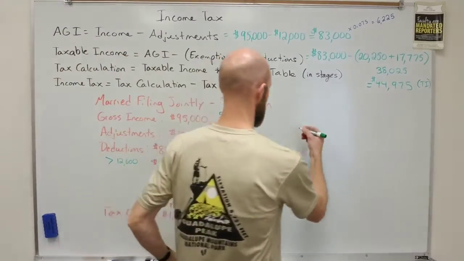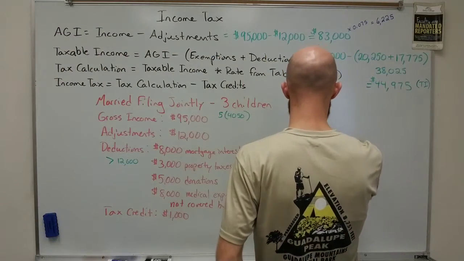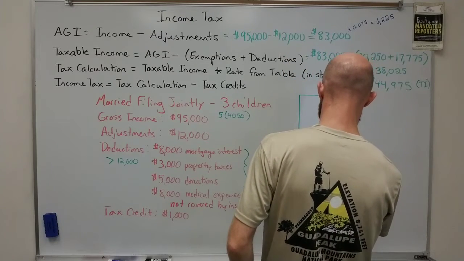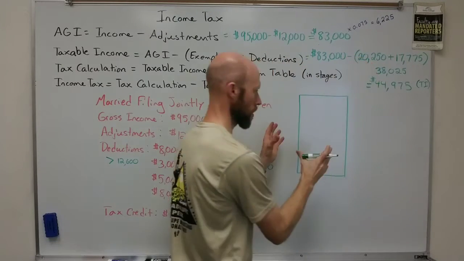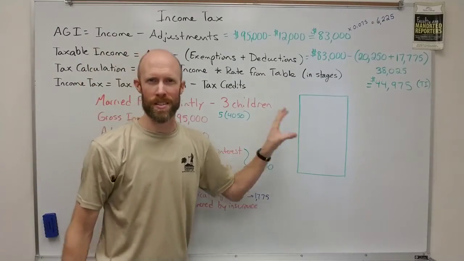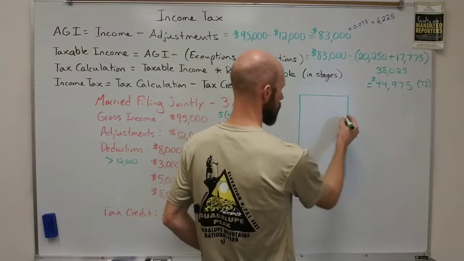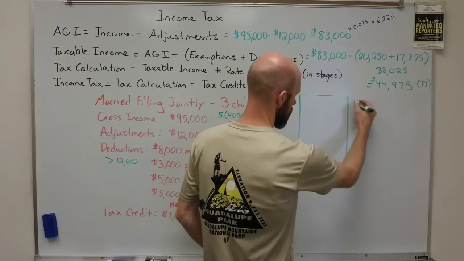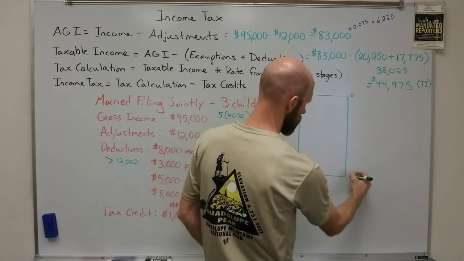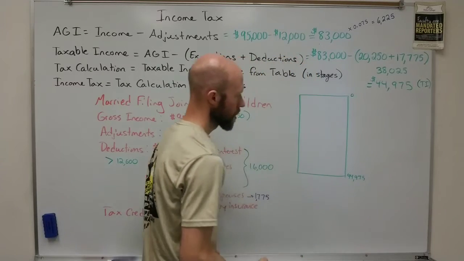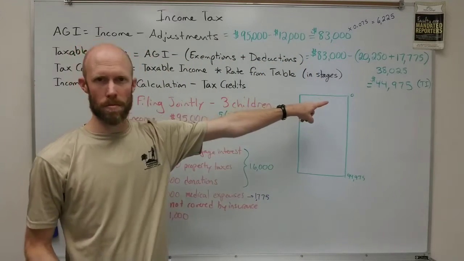And we're going to set this up again. I'm going to just represent this. I like a visual, right? I like a picture here. So I've got this visual, and we've got two chunks. The whole thing from 0 down to 44,975 is the taxable income.